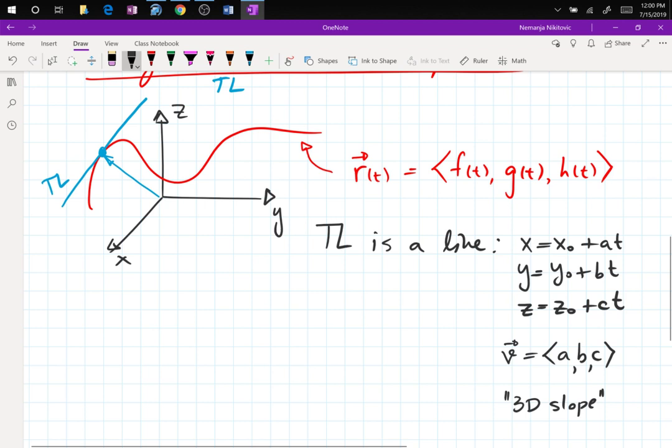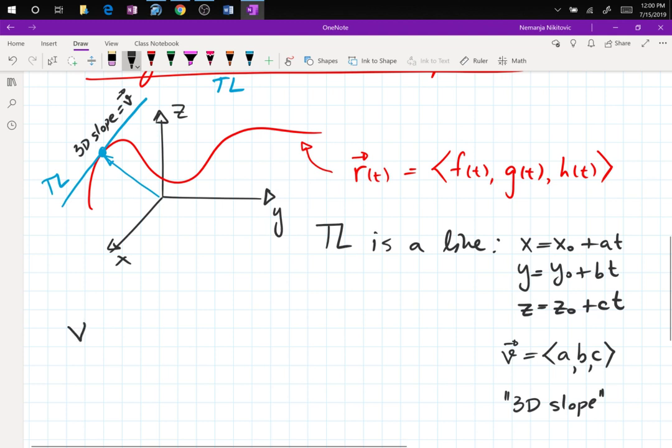So this tangent line has slope m, a 3D slope, equal to vector v. Now we know how to find slopes: we take the derivative. So you should be able to take the derivative of the curve and come up with it.